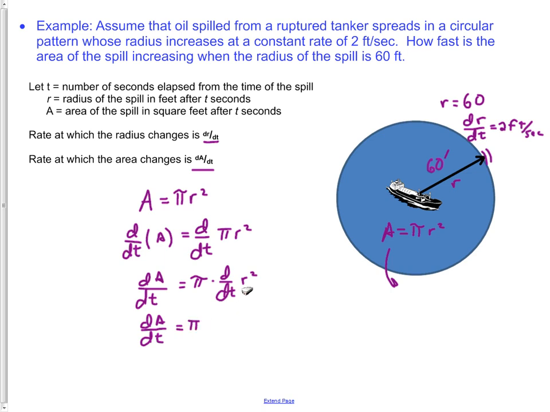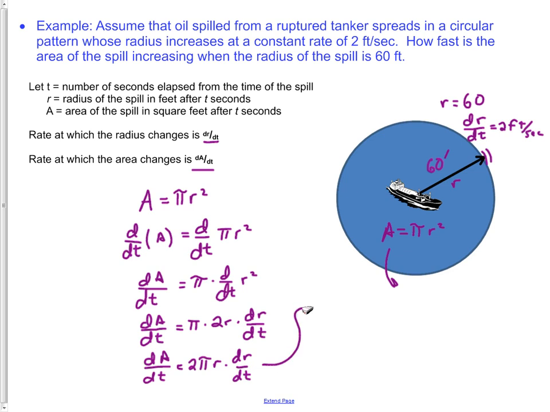So the derivative of r squared would be 2r, or 2r to the first, but then we have to multiply it by the derivative of r with respect to t. So here's our relationship between our two related rates: the rate of change of the area is going to be equal to 2 pi r times the rate of change of radius with respect to time.